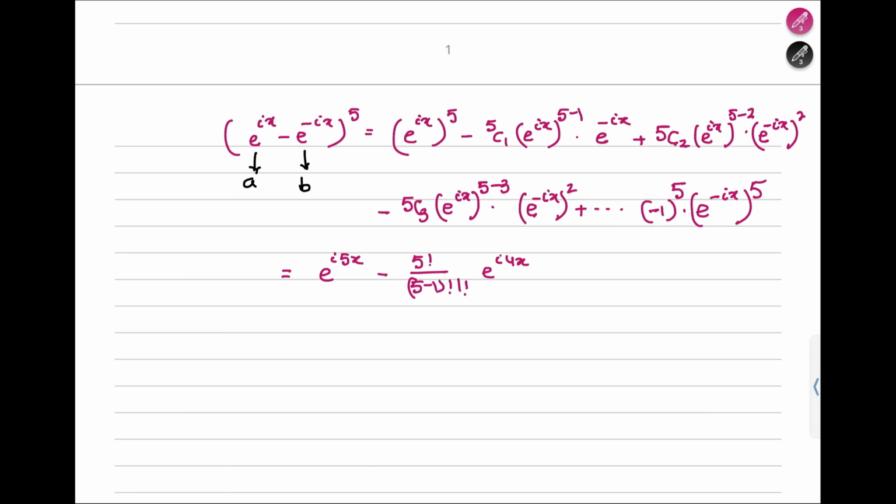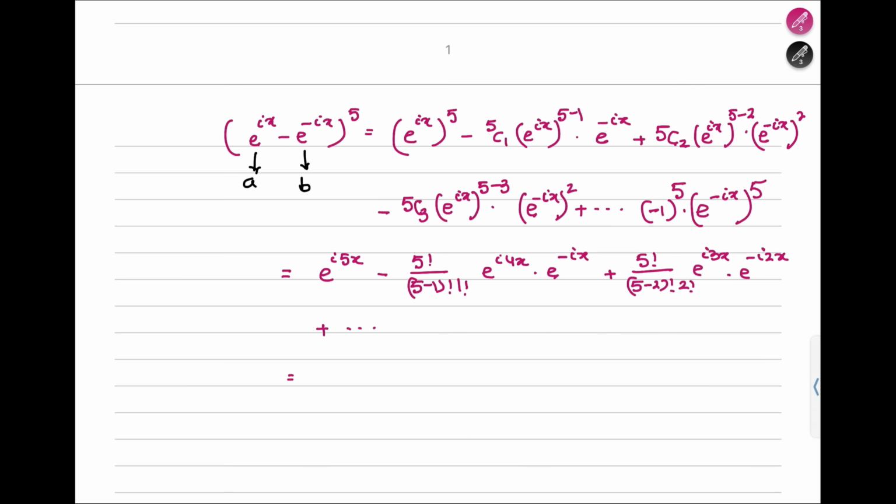Into e to the power of minus ix. What will be the third value? Plus factorial 5 by factorial (5 minus 2) and factorial 2 into e to the power of i 3x and e to the power of minus i 2x, and so on.